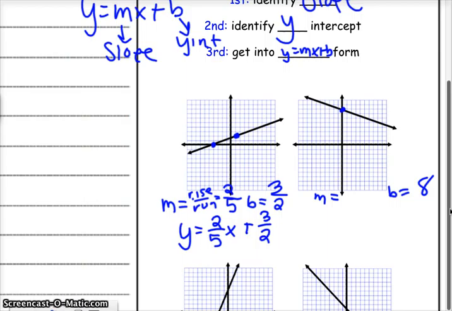Looks like I'm going down, so right away I know it's going to be a negative slope. Down 1 over 2, it looks like. Negative 1/2. So my equation, y equals my slope times x plus my y-intercept.